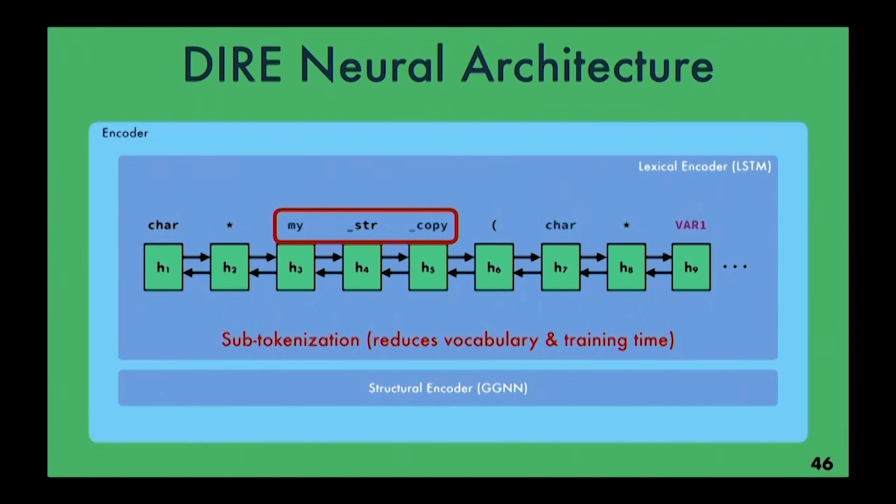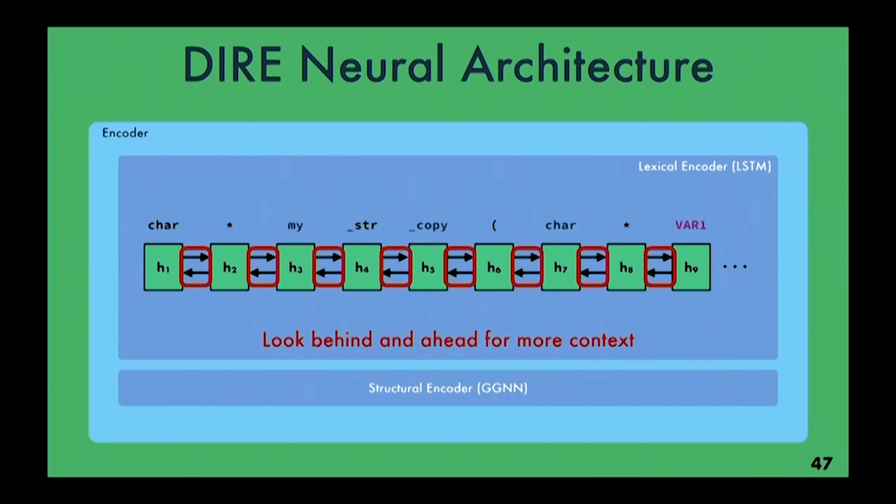One interesting thing is we are sub-tokenizing names, and we're doing this probabilistically in an interesting way. This helps a lot with reducing the vocabulary size and helps a lot with training time. And then we're able to reconstruct names from these different subtokens, from these different parts. Another interesting thing is we are looking both back as well as forward in the sequence of tokens for context.